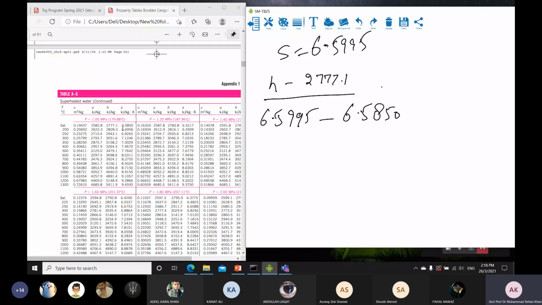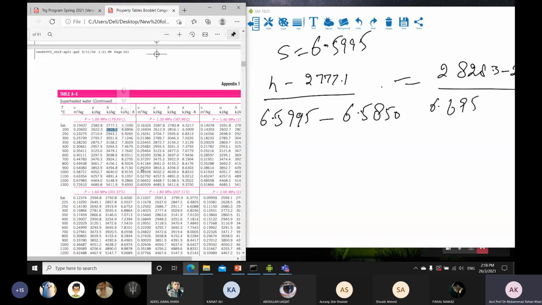This is equal to 2828.3, the enthalpy at this point, minus 2777.1 at state number 1, over 6.6956 minus 6.5850.